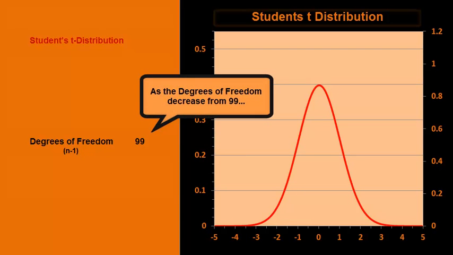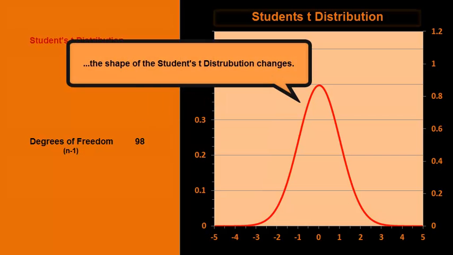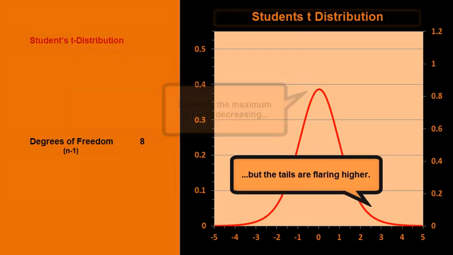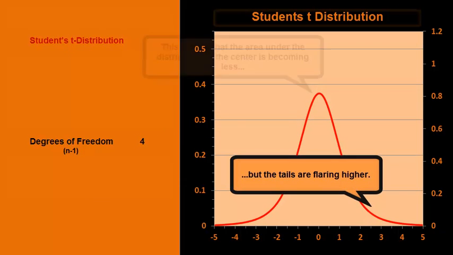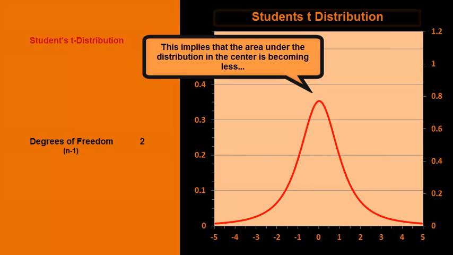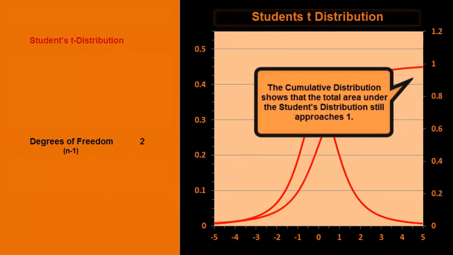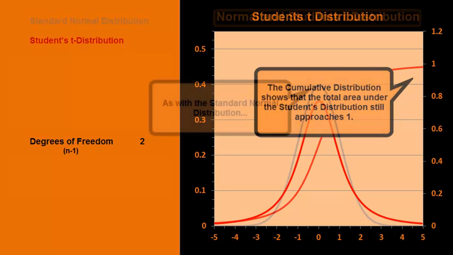As the degrees of freedom decrease from 99, the shape of the student's t distribution changes. Note that the maximum value is decreasing, but the tails are flaring higher. This implies the area under the distribution in the center is becoming less, as the area under the tails becomes greater. The cumulative distribution shows that the total area under the student's t distribution still approaches 1.